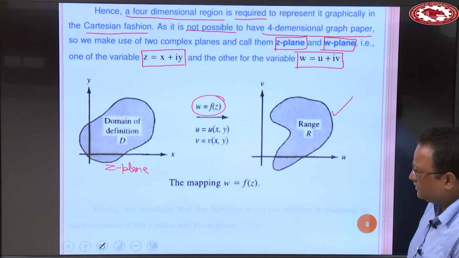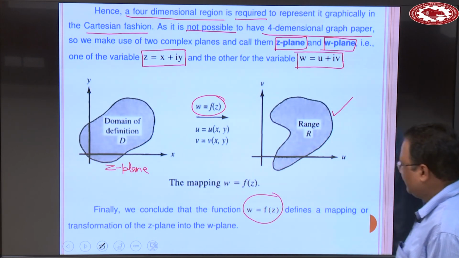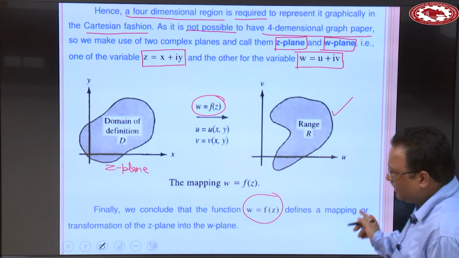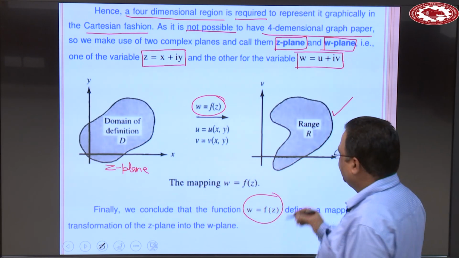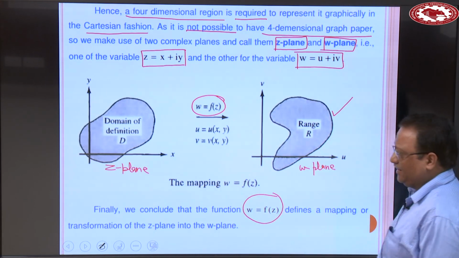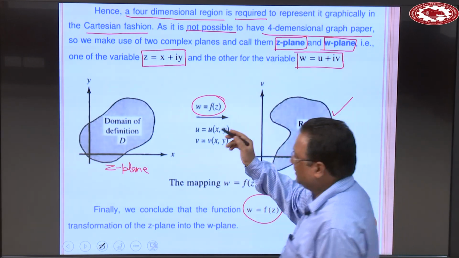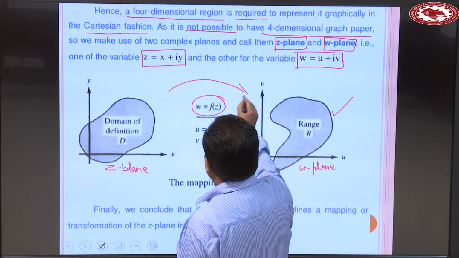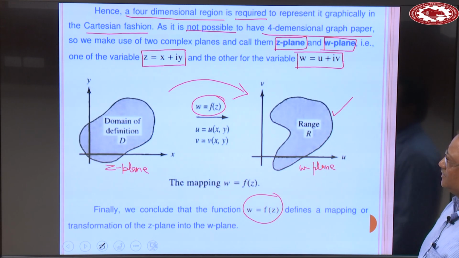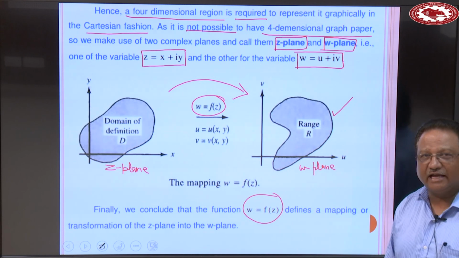Clear? So the function w = f(z) defines a mapping, or transformation, of the z plane into the w plane. In this way we can represent this complex type of function.